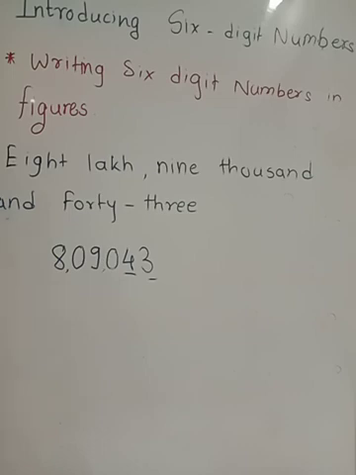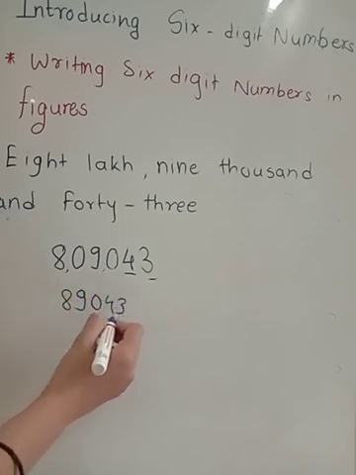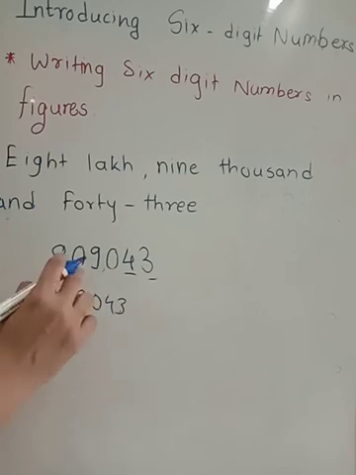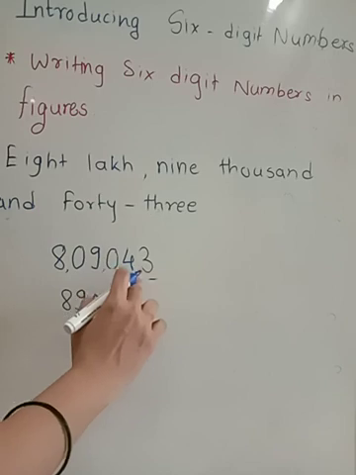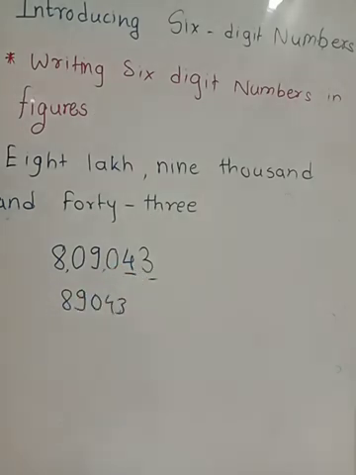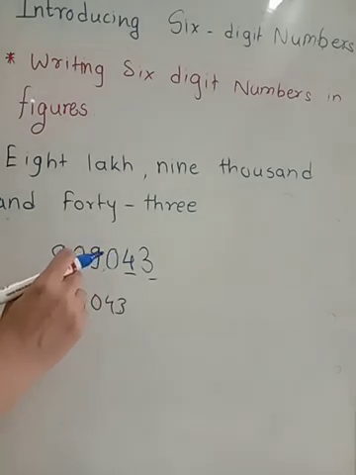For example, the number 8,09,043 can be written like this, but writing it the other way is wrong. It should be written as 8,09,043. And here we have to write 0 in the 10,000 place.